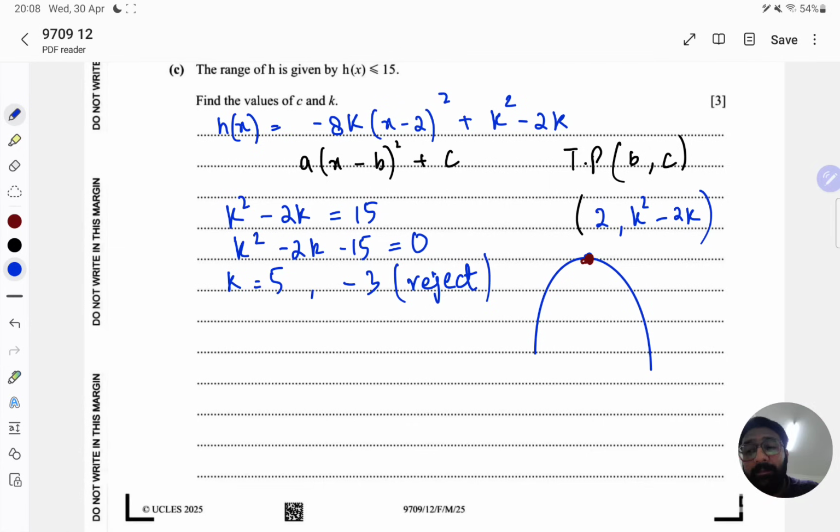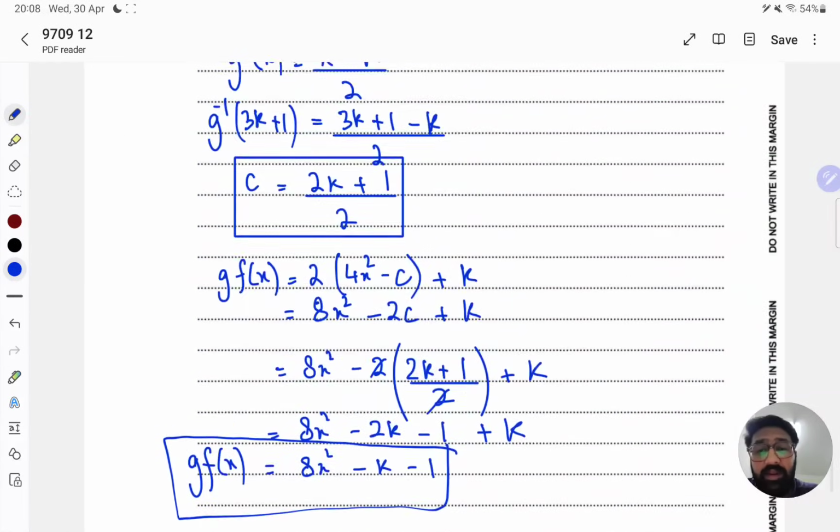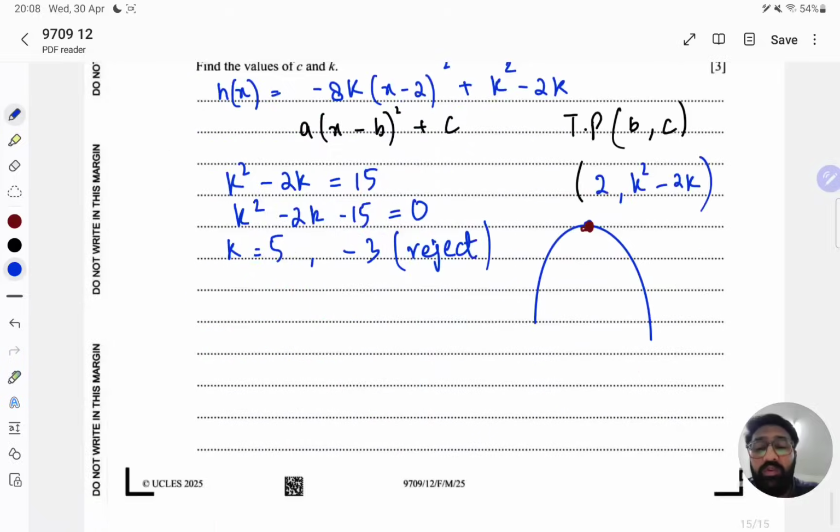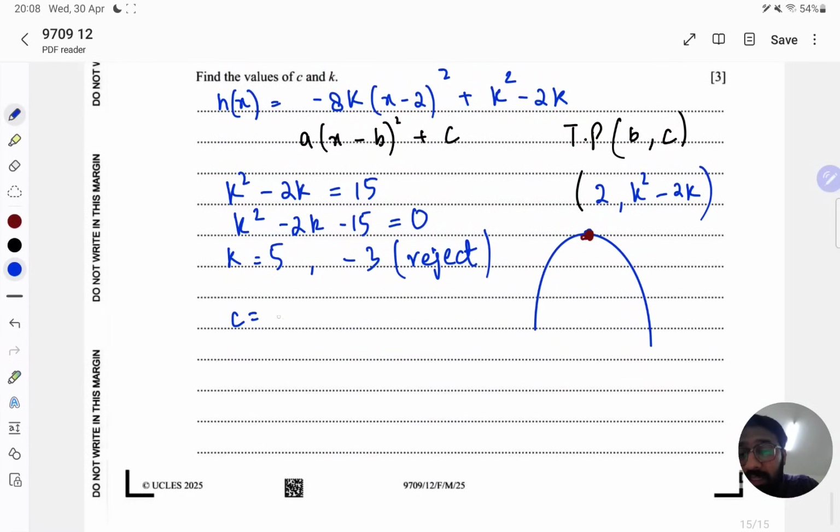So we have k and we are supposed to find c. The equation for c is 1/2 (2k + 1). Just substitute the value of k as 5.